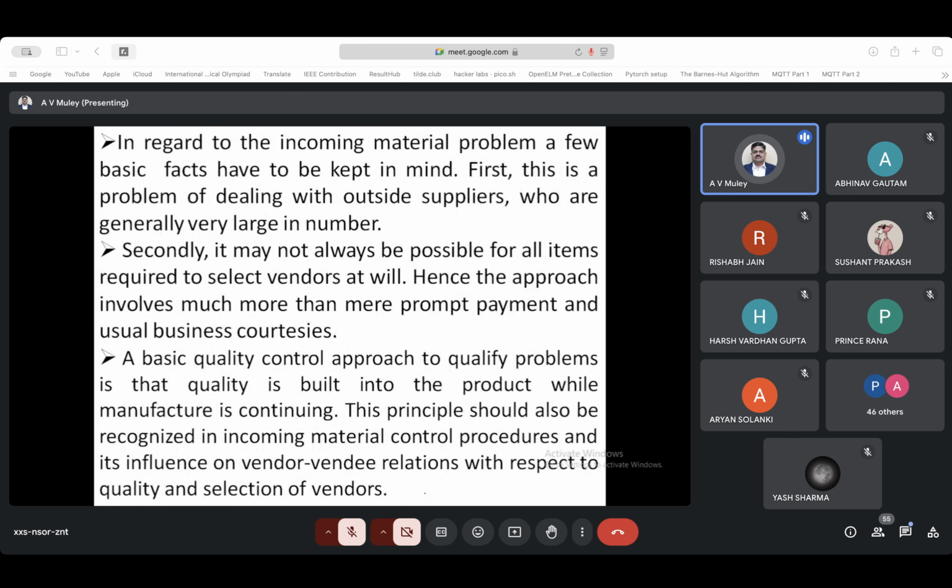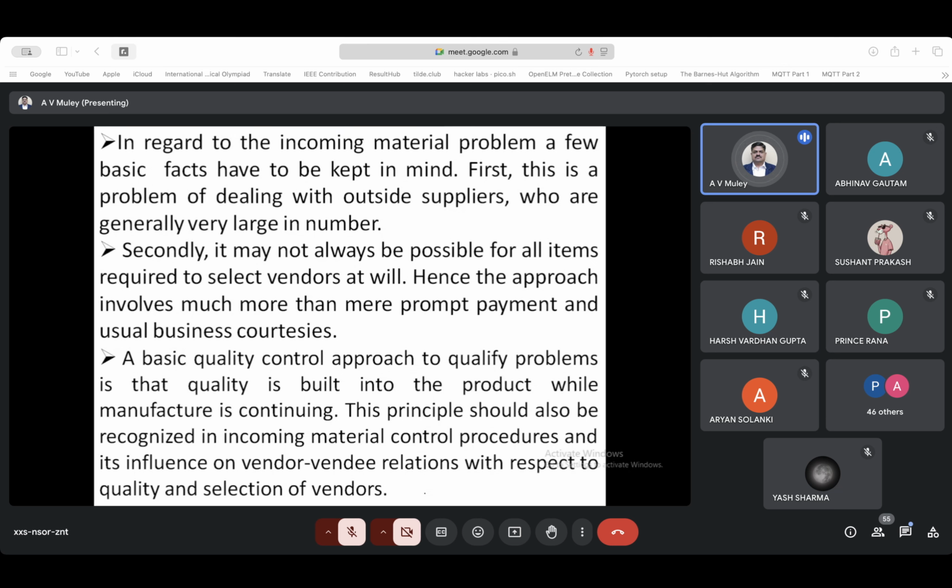In regard to the incoming material problem, a few basic facts have to be kept in mind. First, this is a problem of dealing with outside suppliers who are generally very large in number. तो वो हमारे कंट्रोल में नहीं होते. But that's why you have to create a quality consciousness among all your vendors.